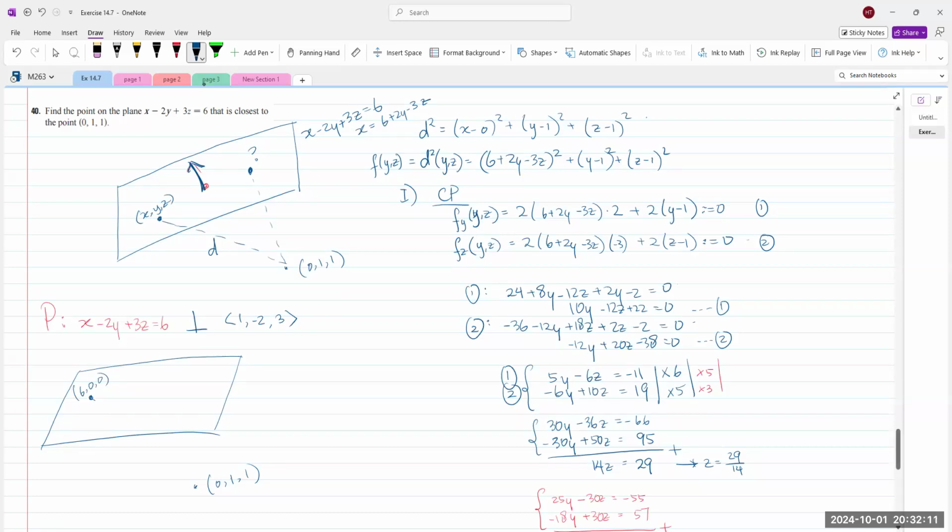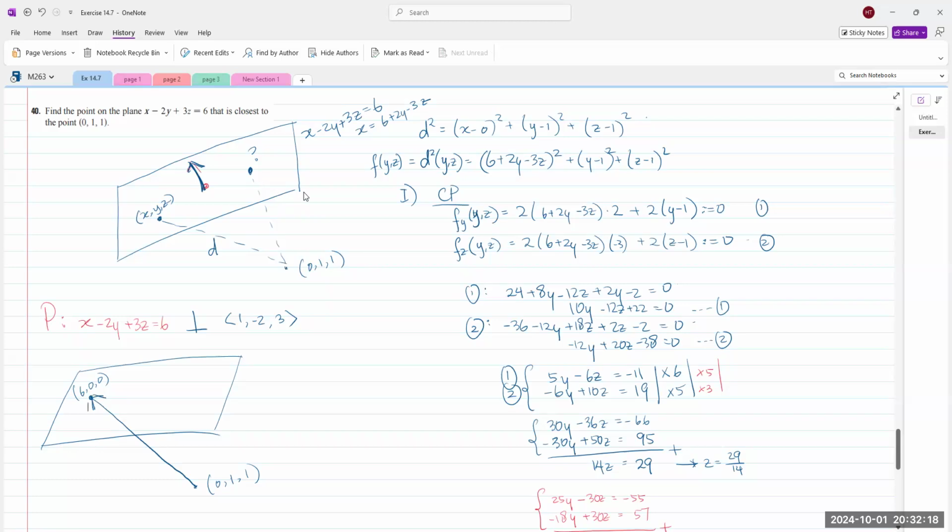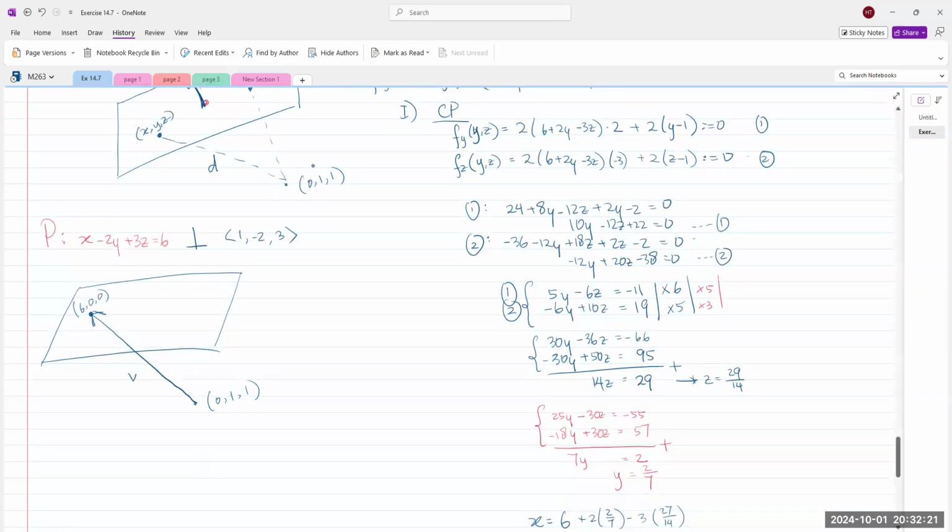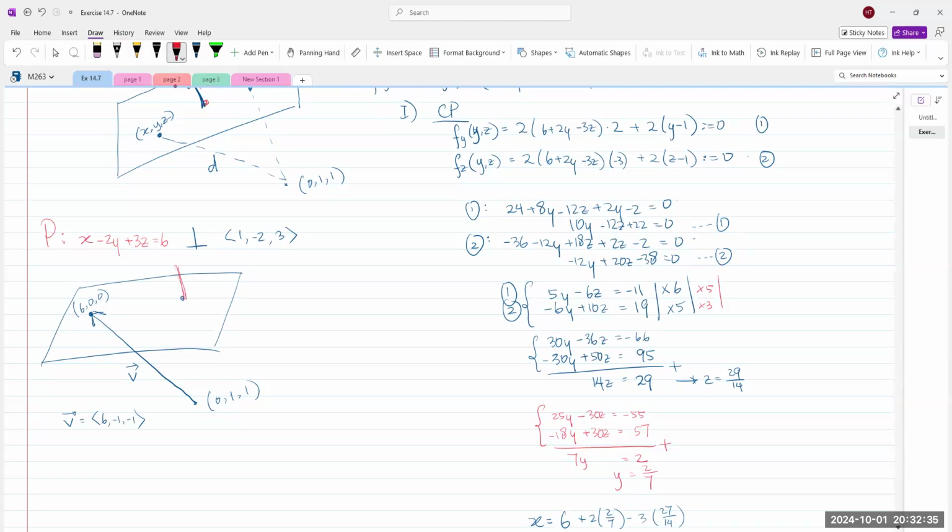Okay, so I can create a vector from the point 0, 1, 1 to 6, 0, 0. Call this vector v. That vector v will be 6, negative 1, negative 1, right? Now the vector normal to this plane, call that normal vector n, is 1, negative 2, 3.